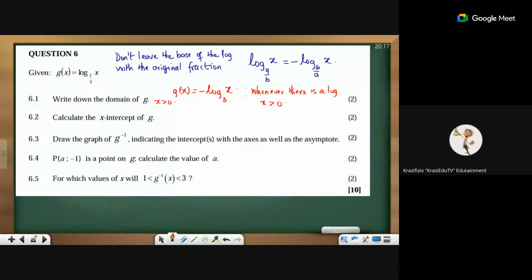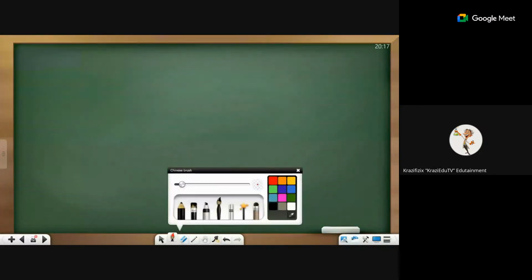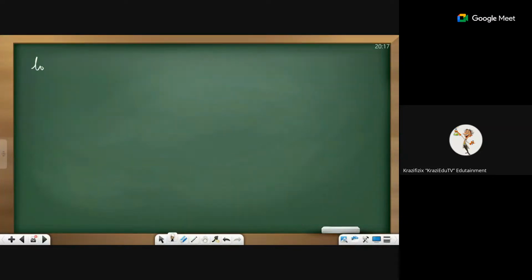We get number 2. Can we walk through number 2? Calculate the x-intercept. What do we know? Y should be equal to what? 0. Can we work that out quickly? Let's work that out. Log base 1 over 3 of x. Quickly, please. Work it out for me. Don't wait for me. Give it an attempt.